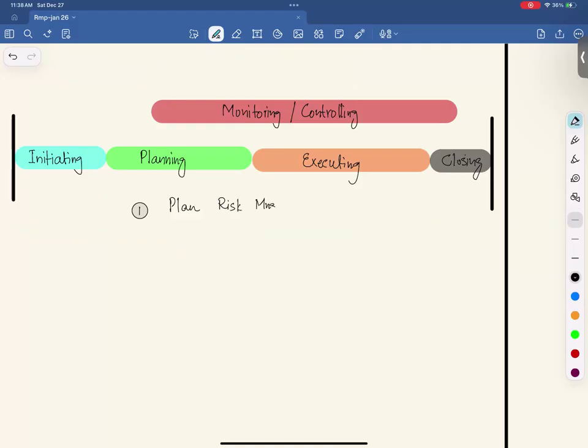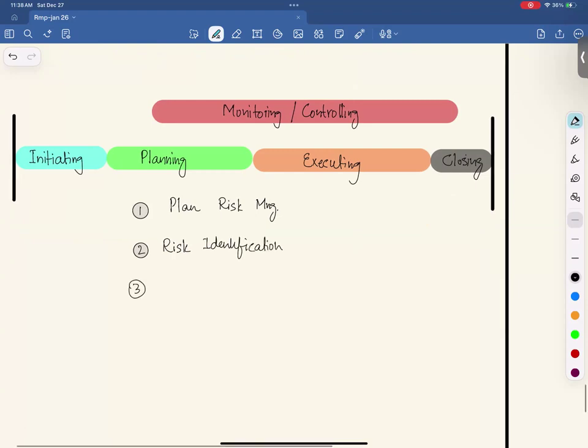Plan risk management. Second step, risk identification. This is also done during planning. Then third is risk analysis. Both types of analysis are conducted here, right? Third and fourth. Then fifth one is plan risk responses.